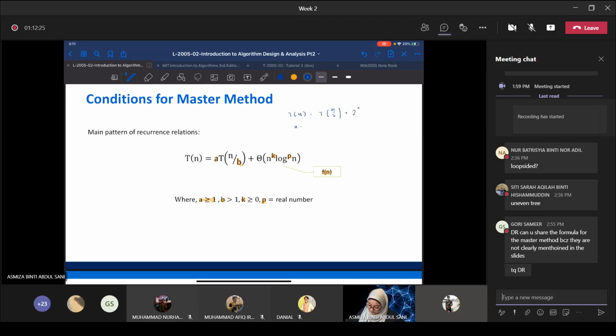And we say our a is 1, our b is 2. In this case, since we want to keep the form in order to apply the master method, we can say that our b is equal to 2, our k is equal to n, our p is equal to 0.